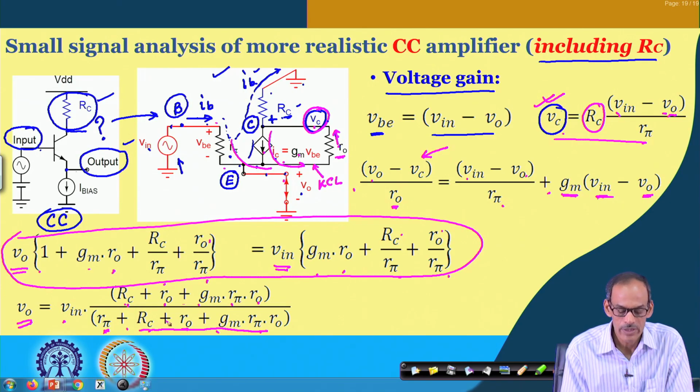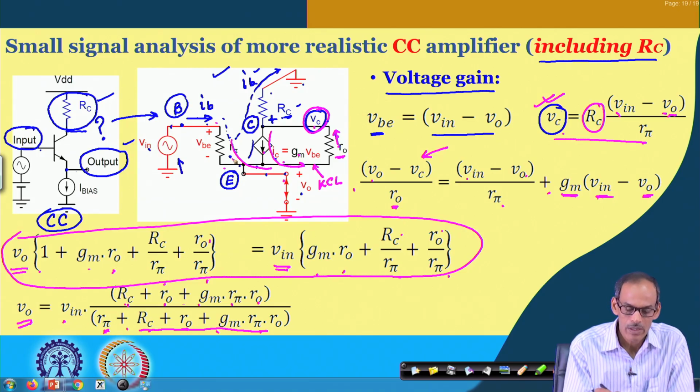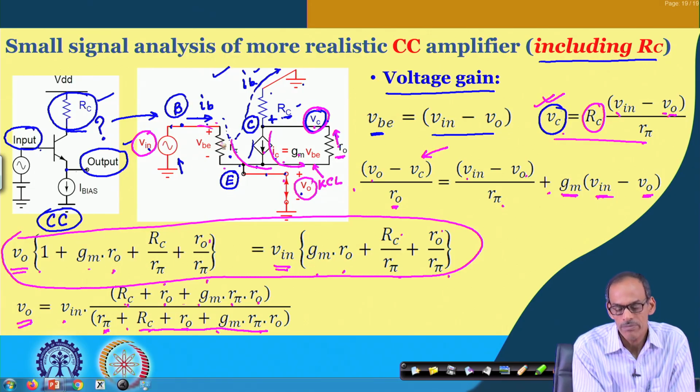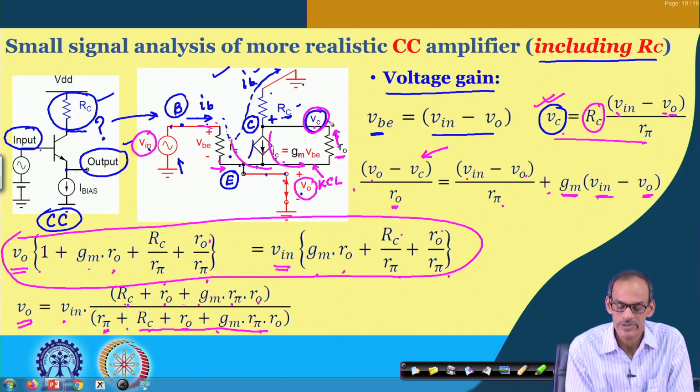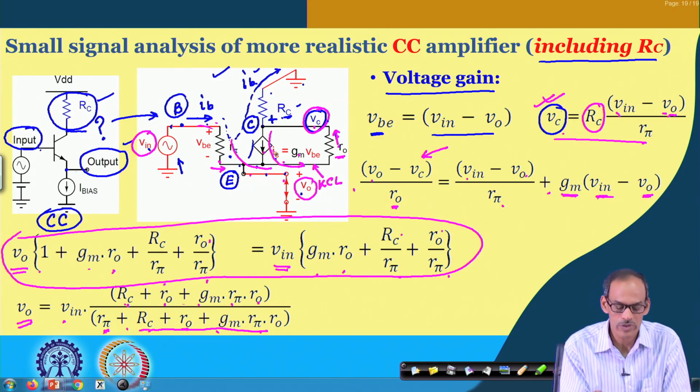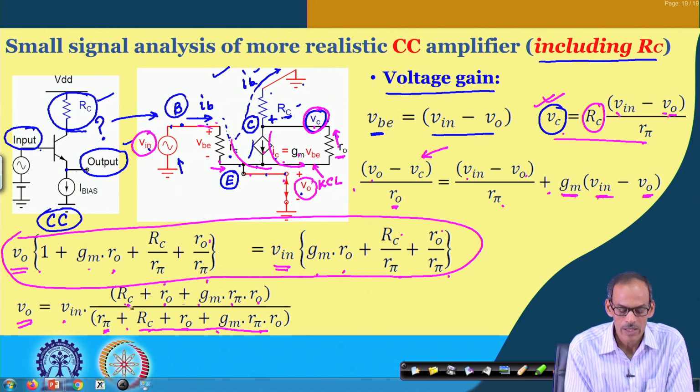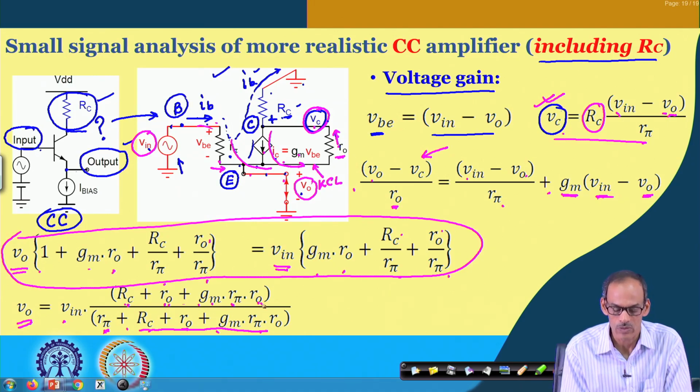So, effectively the relationship between V in and V O is the impedance here, which is R pi, and the impedance of the rest of the circuit there, before we connect anything here, which is R C plus R O plus G M into R pi into R O.